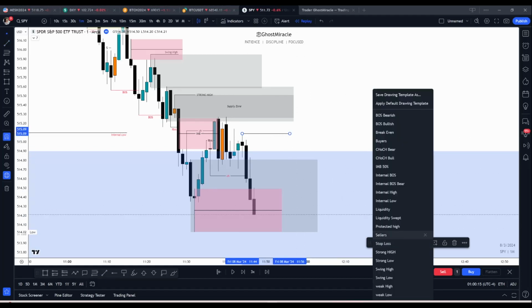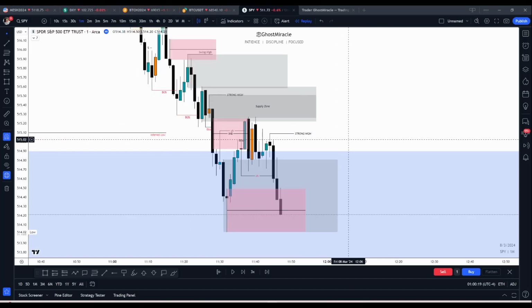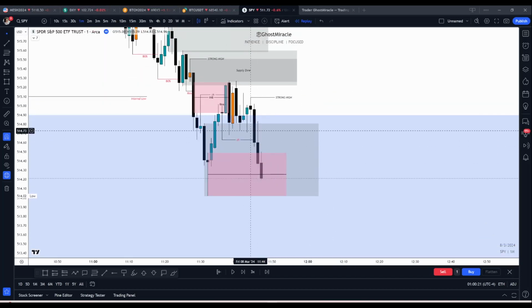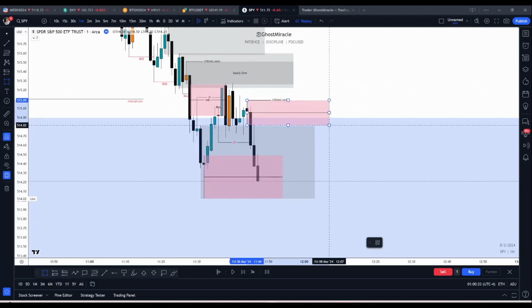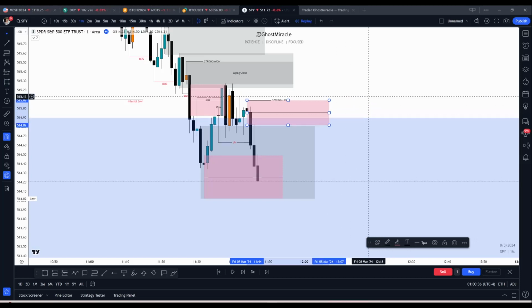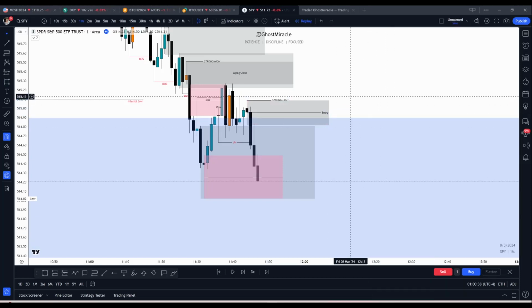So technically, this high should be a strong high. And then you have your change of character to the downside, right? And immediately after giving you the change of character, it tapped back in to mitigate this zone here.